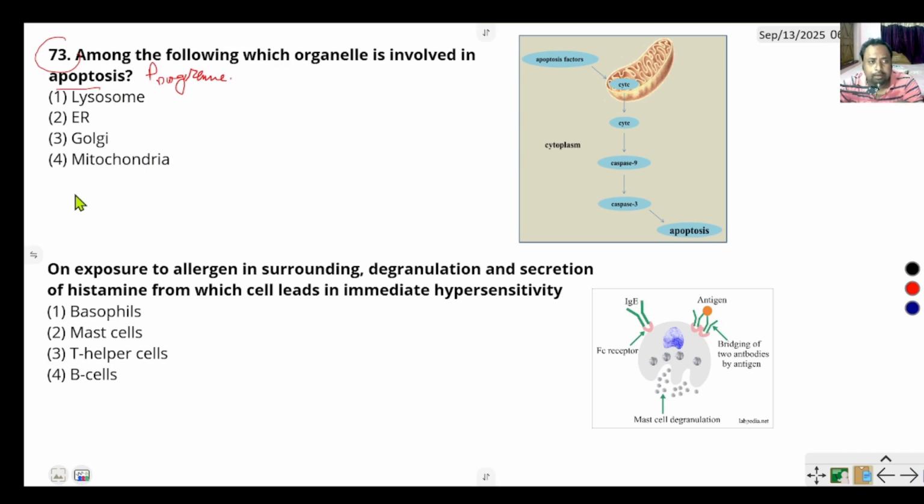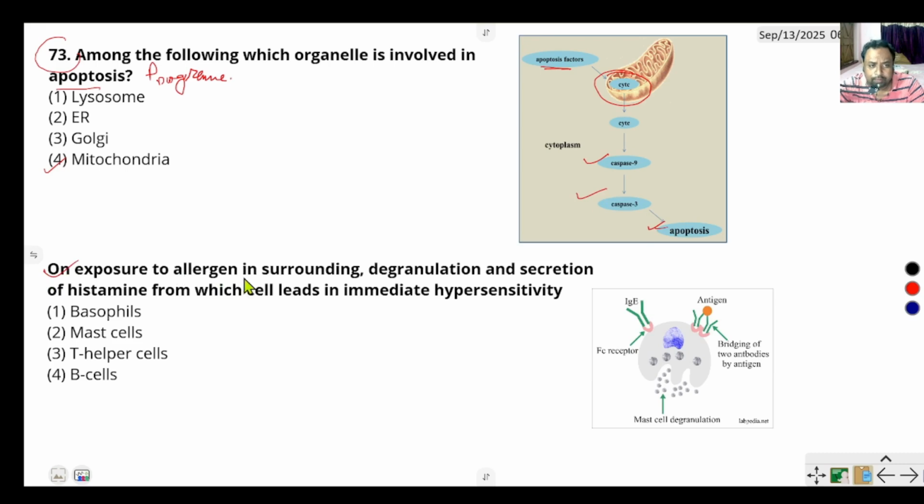Apoptosis involves the mitochondria. When apoptosis factors activate, cytochrome c comes out from the mitochondria and activates caspase 1 and caspase 3 that stimulate the apoptosis process.